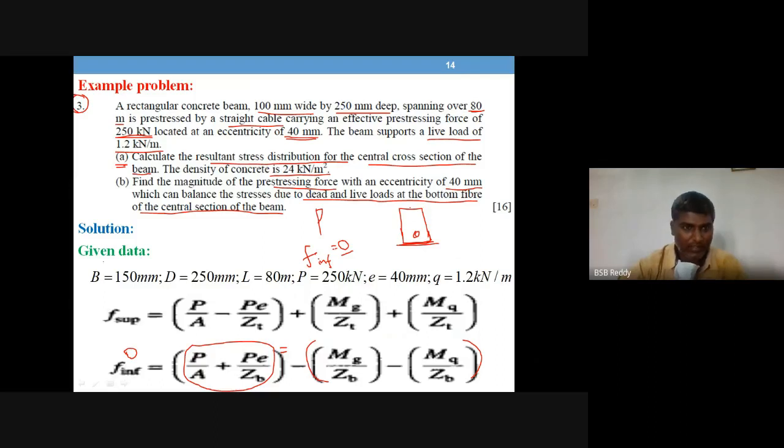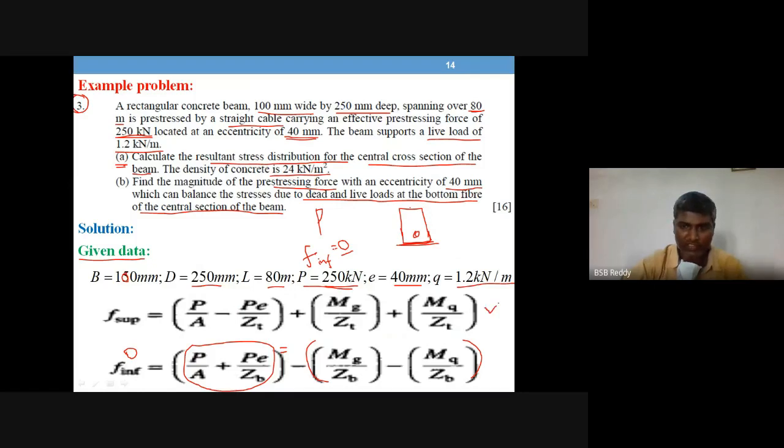The given data is: 100 wide, 250 deep, 80 meters span, 250 kilonewton, eccentricity 40, live load 1.2 kilonewton per meter, prestressing force 250 kilonewton.